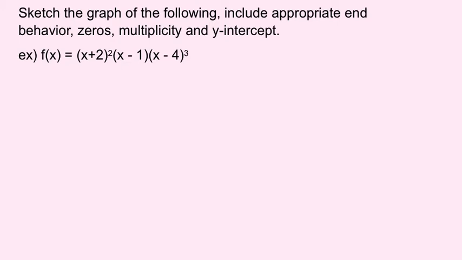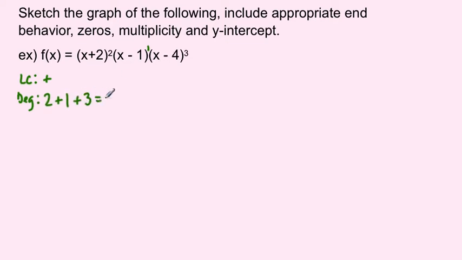I want us to sketch a graph that has the right end behavior, the right zeros, the x-intercepts, which works the same way as it did when we had quadratics, the right multiplicity, and the right y-intercept. So I'm just going to make some notes to myself. First, the lead coefficient here, there's a 1 out in front, so it's positive. The degree, it's in factored form, so it's 2 plus 1 plus 3.